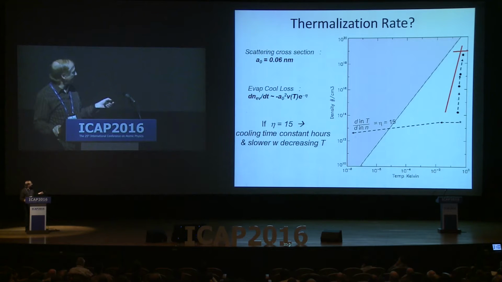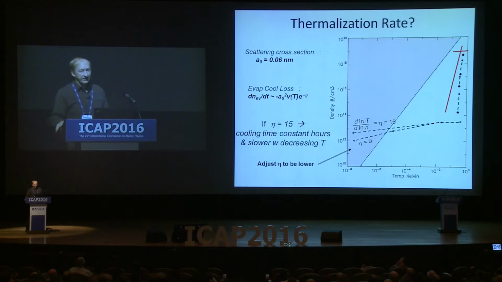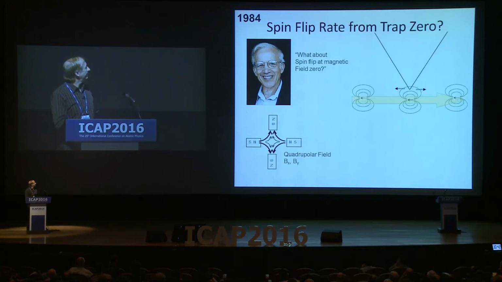And this has an exponential dependence on this value of eta. So my initial ambitions of trying to go in with etas of 15 or so would just be too slow. They would take hours or days to get there. So I have to sort of moderate things with that mechanism and that real-time constant in mind.